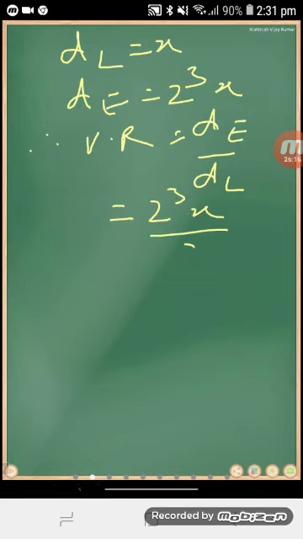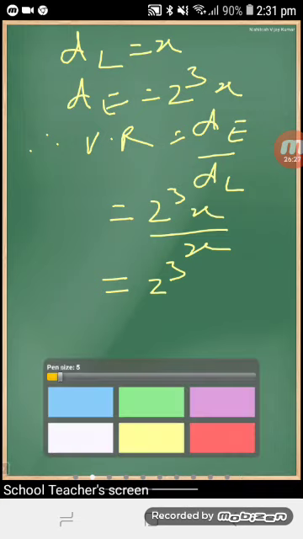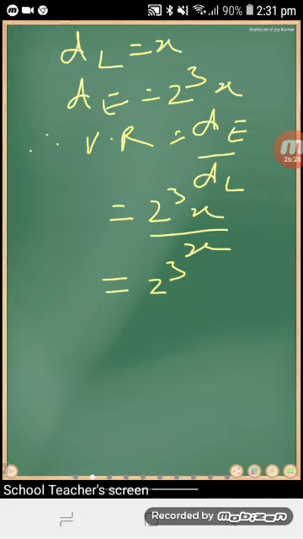This will be equal to 2 to the power 3. Okay. Similarly, this 3 is basically representing the number of movable pulleys. So if I have the number of movable pulleys as n, therefore the velocity ratio can be written as 2 to the power n.